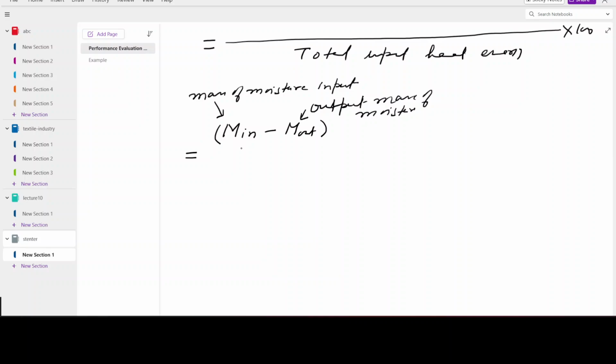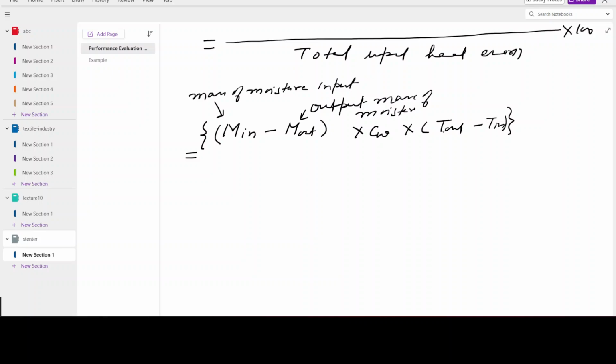The difference of the two will give the total moisture removed from the material. This will be multiplied by the specific heat capacity of water and T out minus T in. This is the temperature difference.